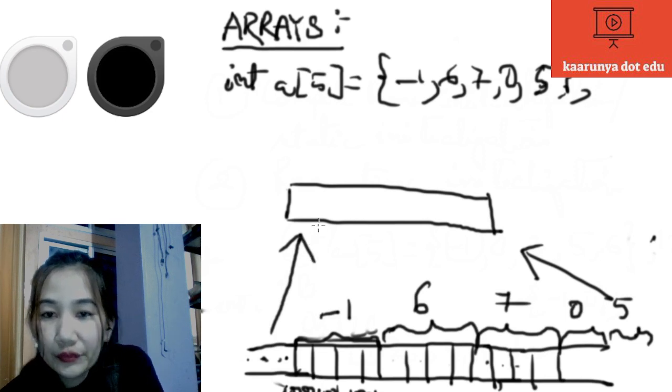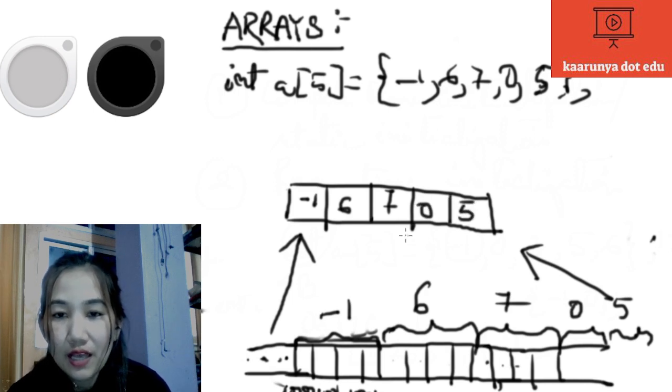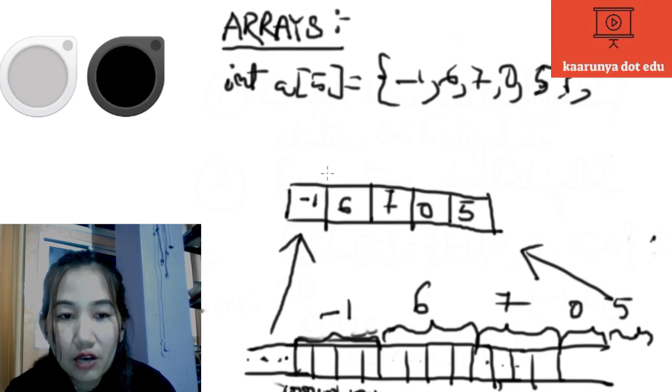So how we can view it is like your elements: minus 1, then 6, then 7, then 0, then your number 5, right? The starting address is nothing but 1000. That means 1000 becomes the address of this minus 1.